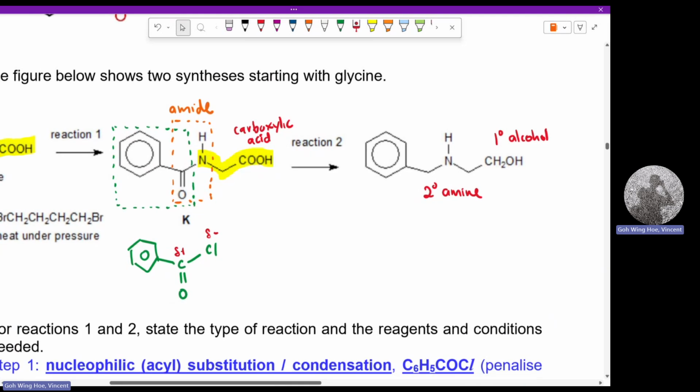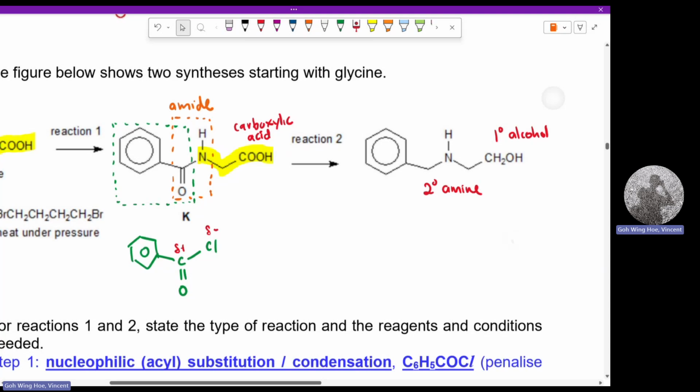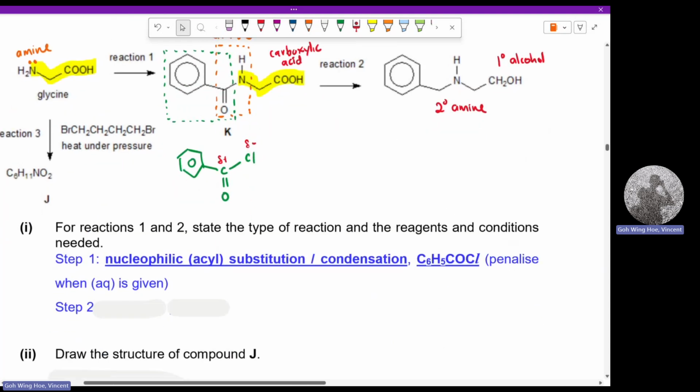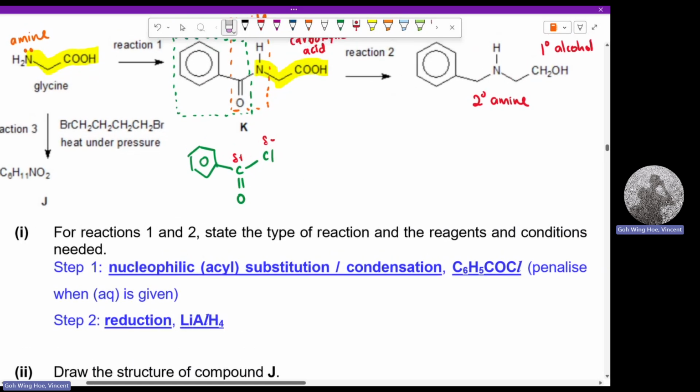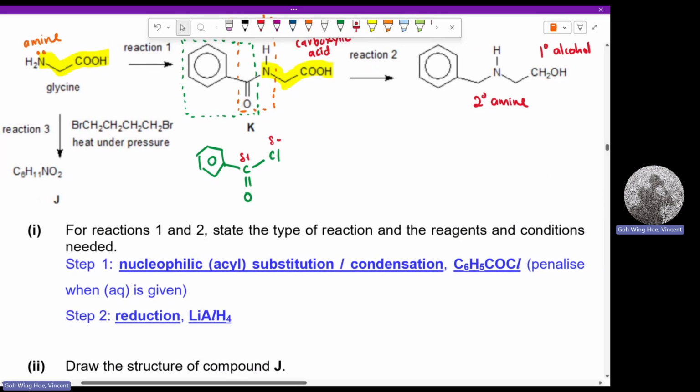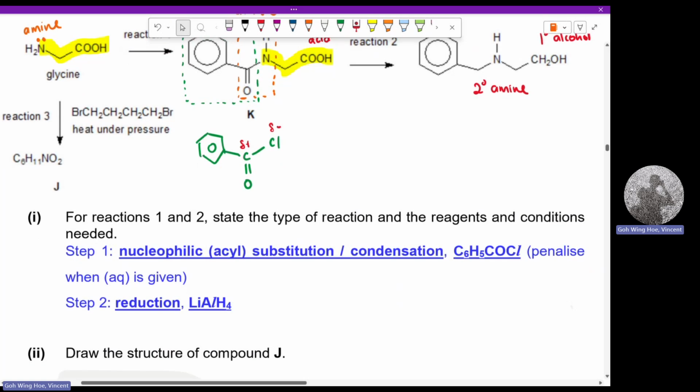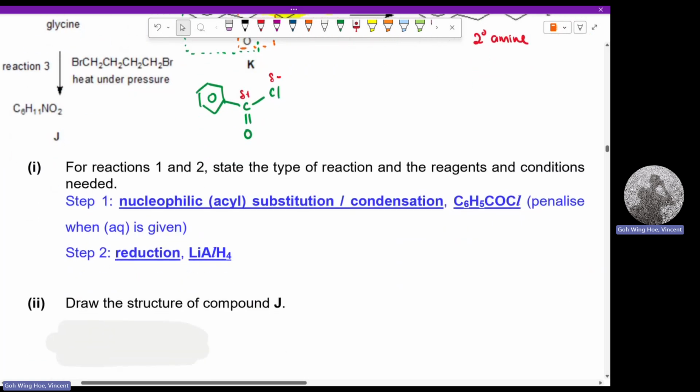Amide can also undergo reduction. So here the reaction for 2 would be a reduction reaction, and the reducing agent that you require will be your lithium aluminum hydride. So that will be your type of reaction as well as the reagent and condition required for step 2.